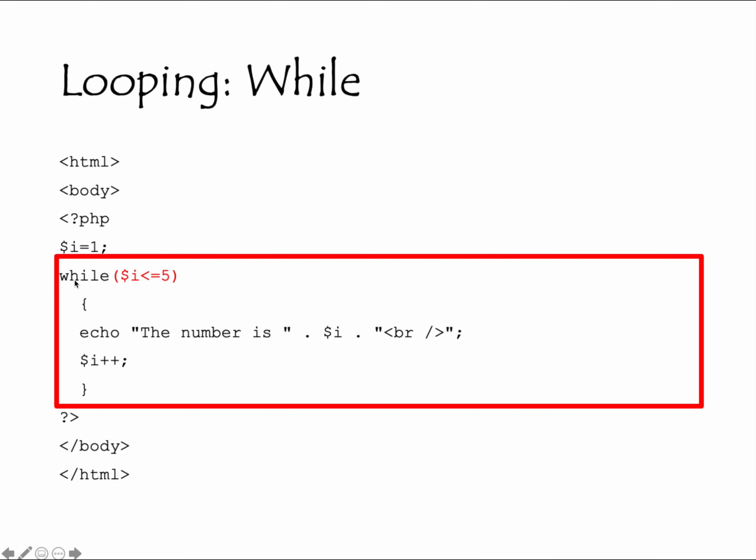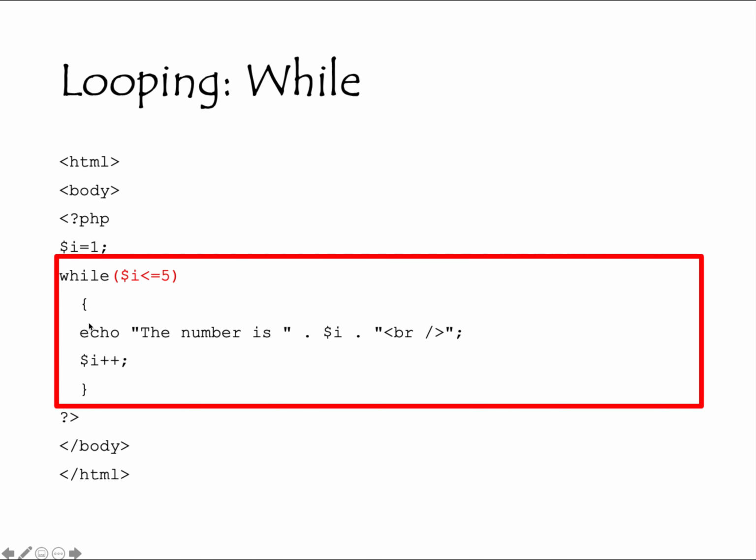You use while combined with one condition. Inside the parenthesis, you add a condition, and this condition is called the stopping condition. As long as the condition inside this parenthesis is true, you are going to repeat a block of code.